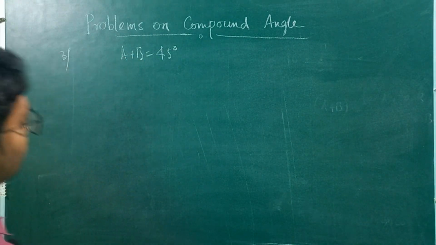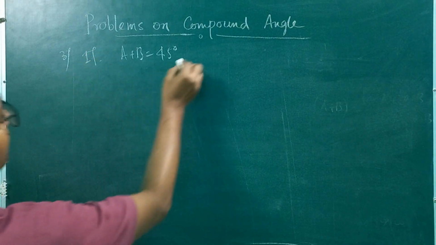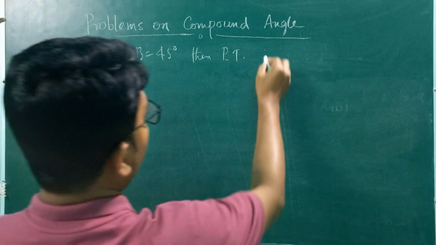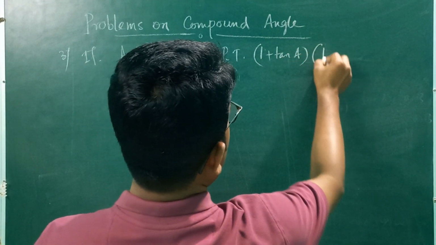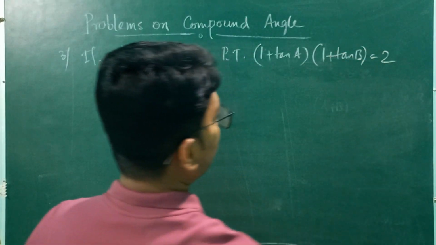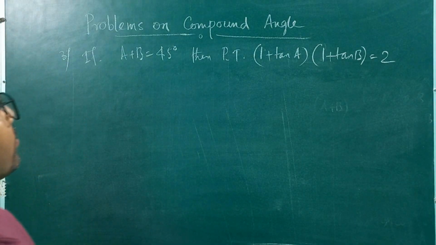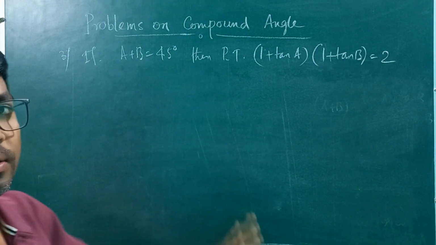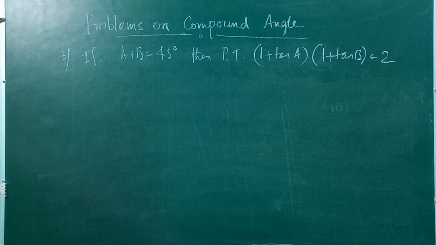Then we have to prove that 1 plus tan a into 1 plus tan b equal to 2. We have to prove this identity when the sum of the angles is 45 degree. Now how can we approach the problem?